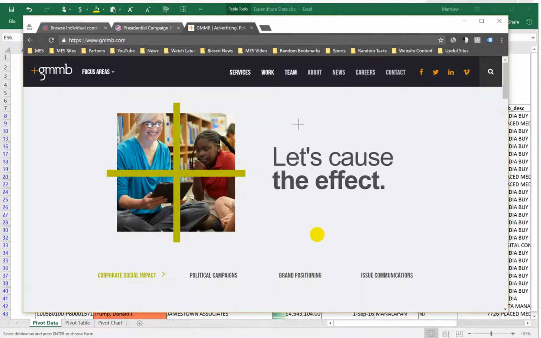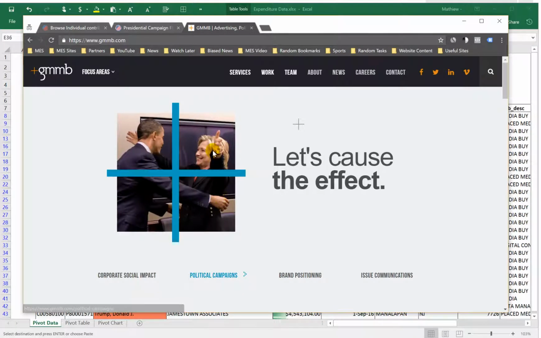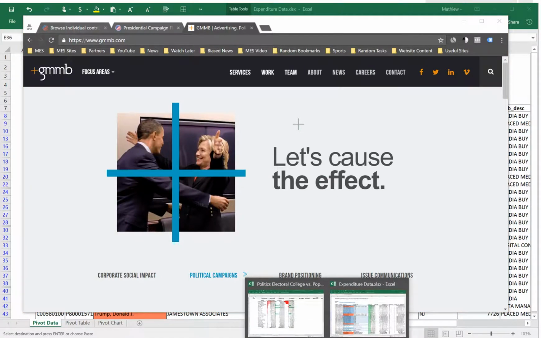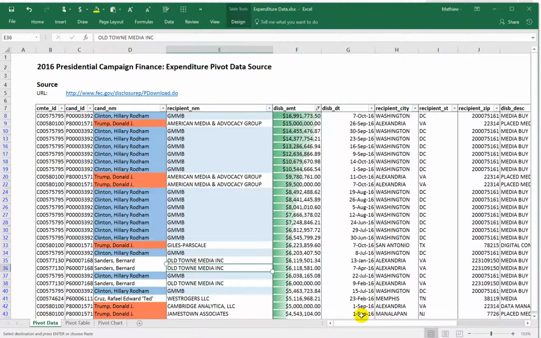So this could also connect to TV, online, and I believe if you wait, there should be an image of Hillary Clinton. Yeah, there she is. So Hillary and Obama, I would assume Obama's as well, did their campaign, or his campaign as well, I'm not 100% sure. Anyways, going back to here, you'll see they spent a lot of money to that group.